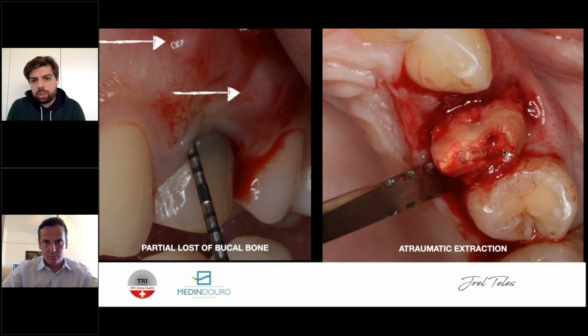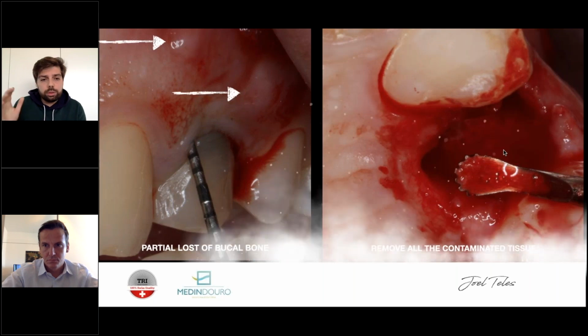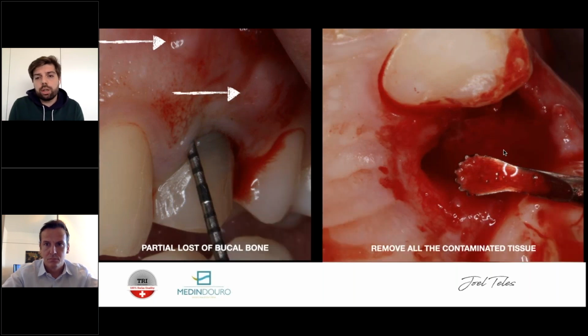So I performed an atraumatic extraction. In this case scenario, I didn't even have to separate the roots because they were already very loose. And afterwards, I do the removal of all the contaminated tissue. Now, as we speak, I don't use it anymore. I used to use metronidazole to irrigate my socket, then chlorhexidine. I used a lot of stuff during the years. Nowadays, I'm only using curettes and saline water irrigation, and that's it.